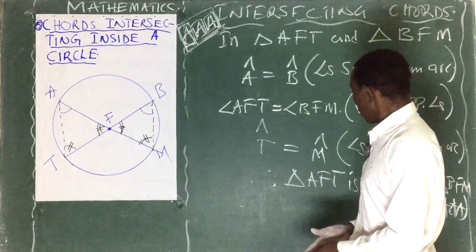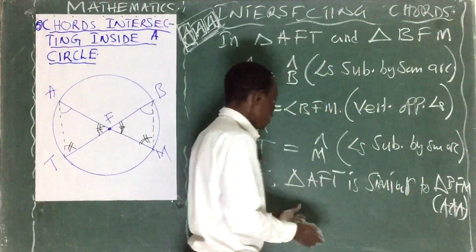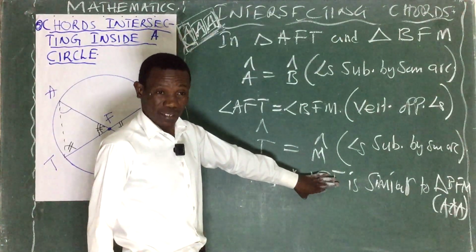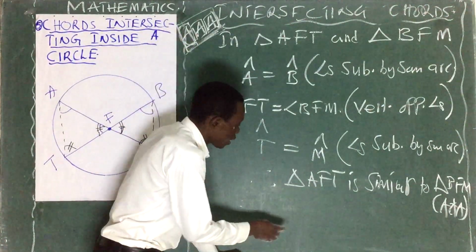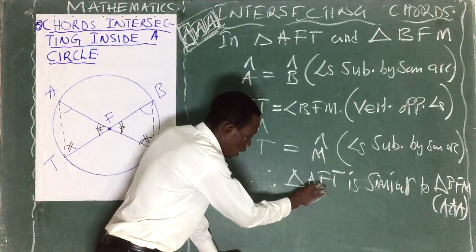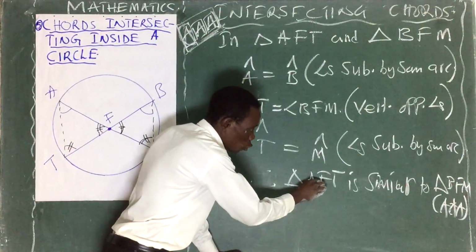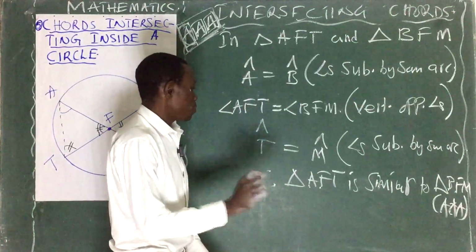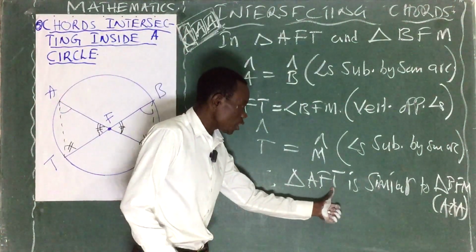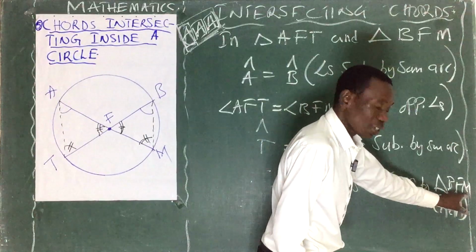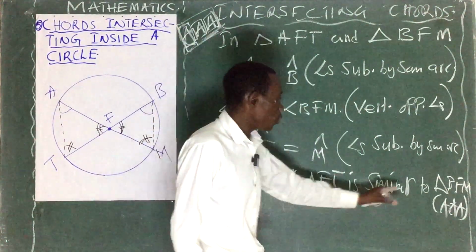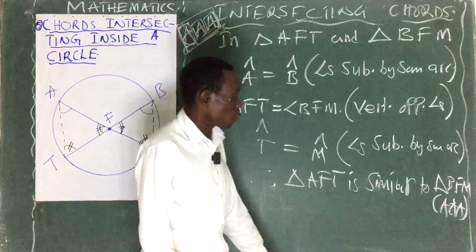By the letters that we have here, if I take AF, the ratio of AF to BF must be the same as FT to FM. And that should also be equal to AT to BM. That's the way it is.